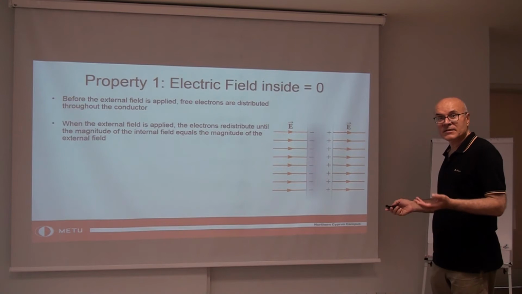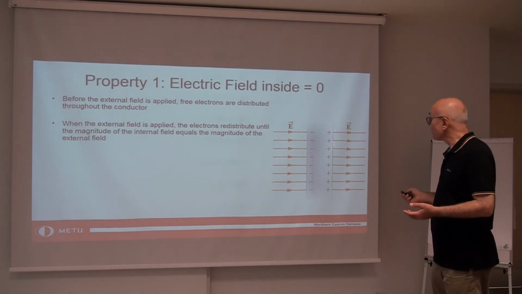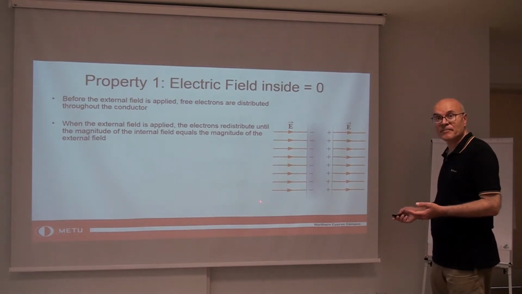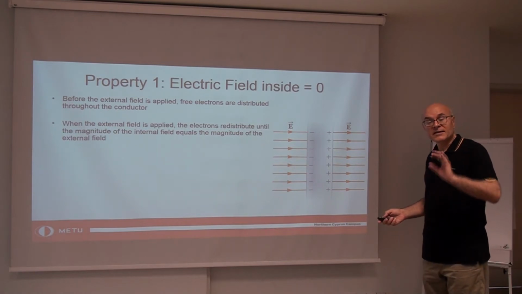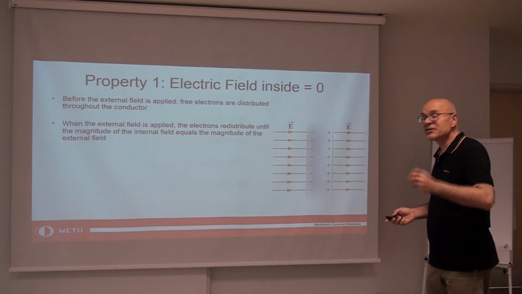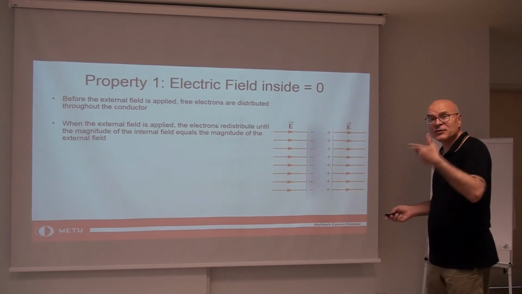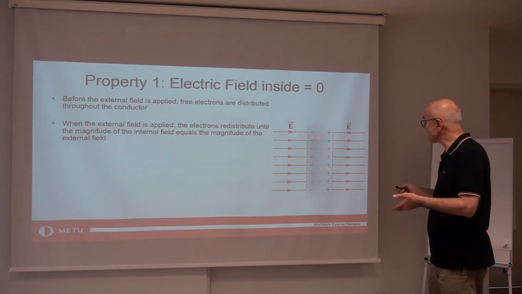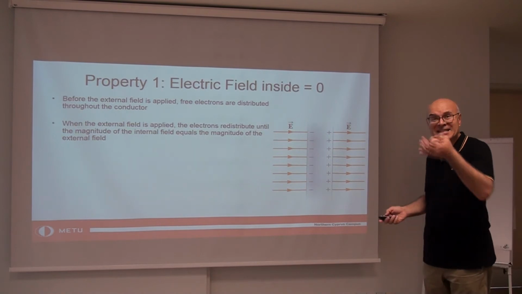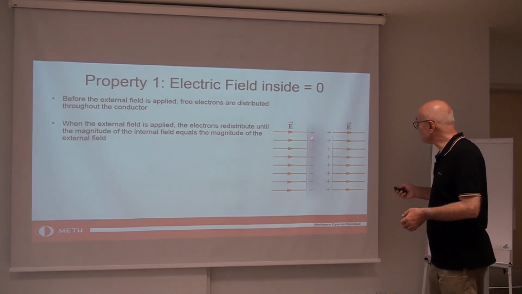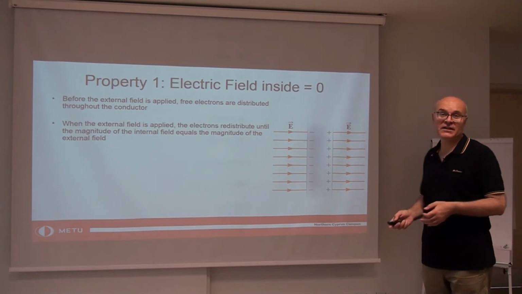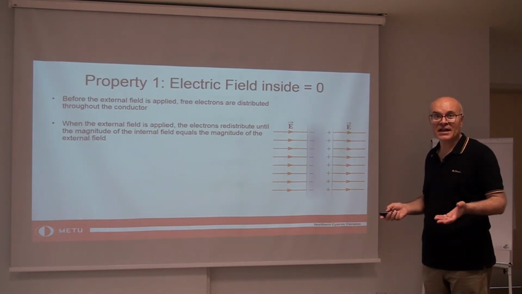The result is that inside the conductor you have another electric field. The charges arrange themselves in such a way that the electric field induced by this polarization is exactly the electric field needed to cancel the electric field inside. So this is exactly what happens.